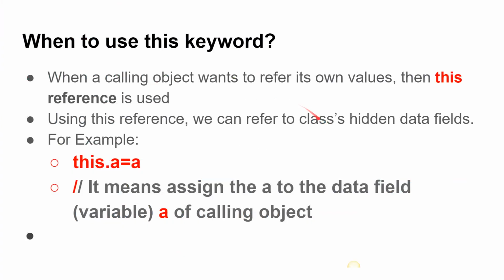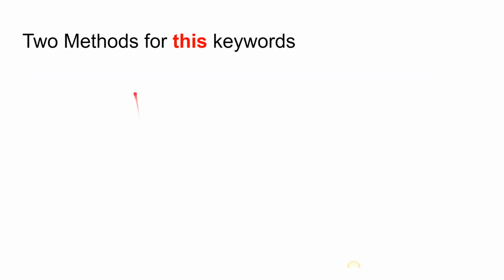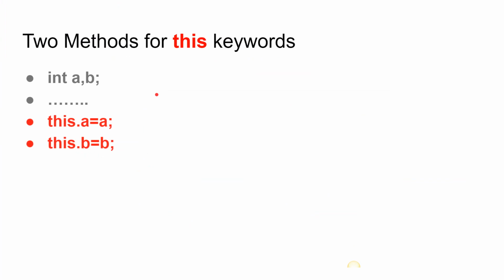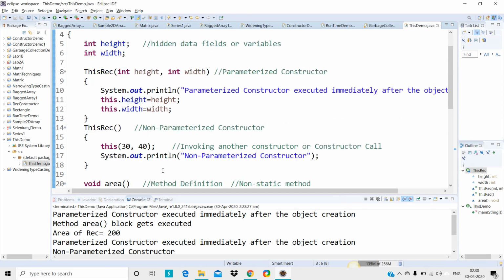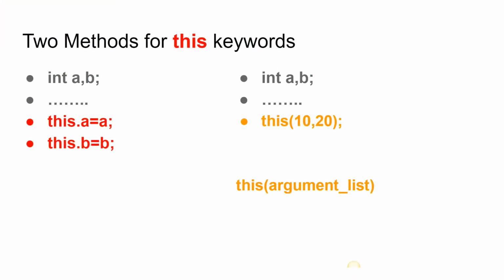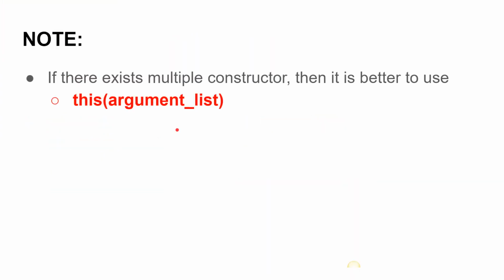And then there are two methods of this keyword. The first one is this dot a is equal to a, this dot b is equal to b, and the second is what we just discussed, the argument list. Next, note that if there exist multiple constructors, then it's better to use this argument list.